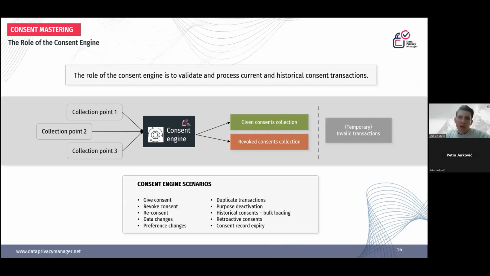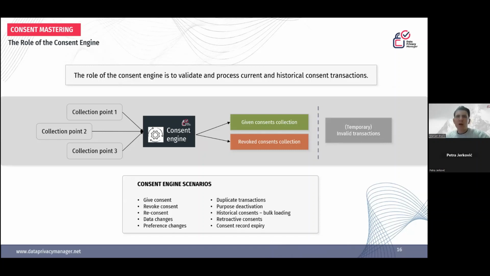And the power of having a central consent management system like DPM is to have a smart consent engine. So we will collect consents from different collection points, maybe from different regions in the world, even given in different languages. The consent engine's role is to cover any scenario that can happen.